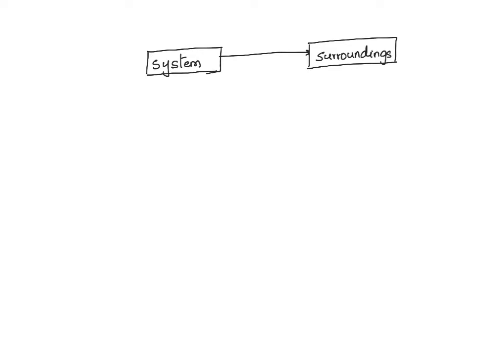System and surroundings can exchange internal energy as heat or they can exchange energy as work, or a combination of both, meaning delta E is equal to Q plus W.